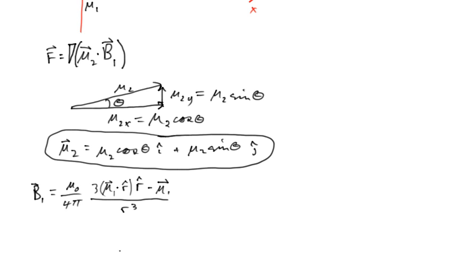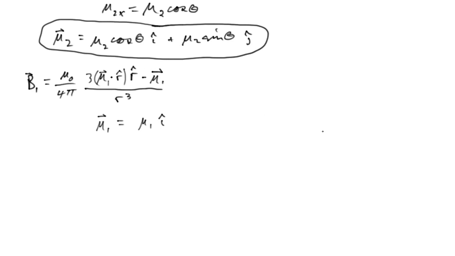Alright, so we need mu1 to put into there. Mu1, it was just pointing in the positive x direction, so it's going to be mu1 magnitude times i hat. So let's try to plug in what we've got in there. Oh, we're going to need r hat, and we need R. So first off, the vector R is x times i hat plus y times j hat.